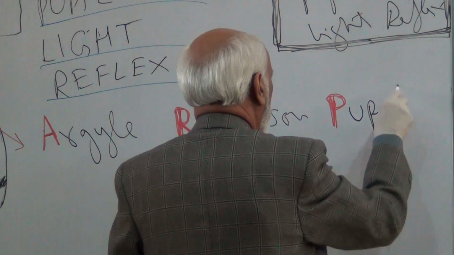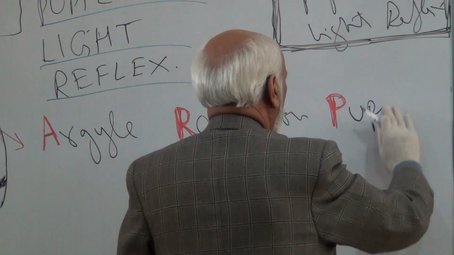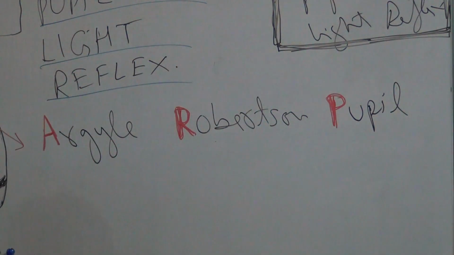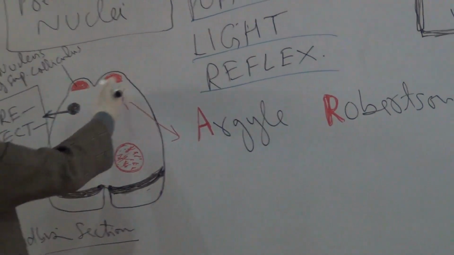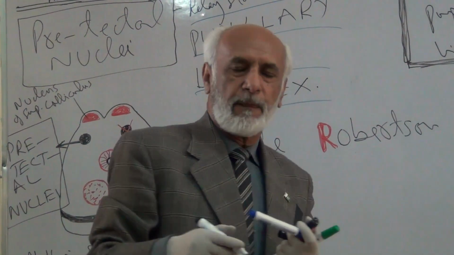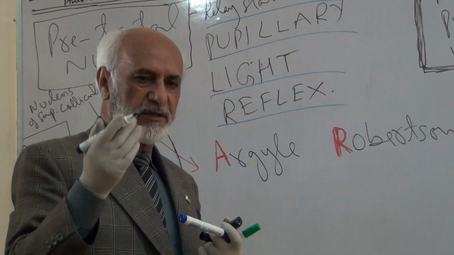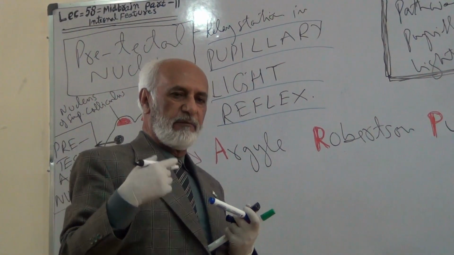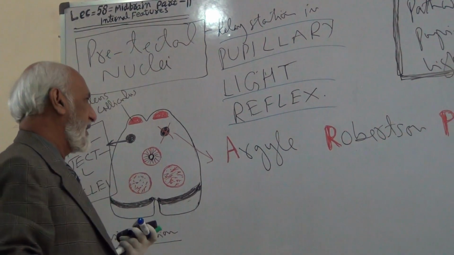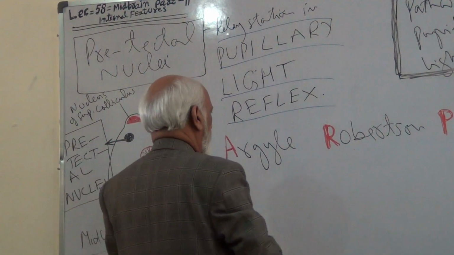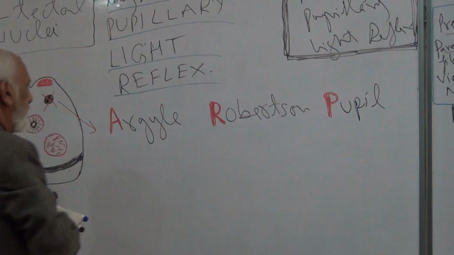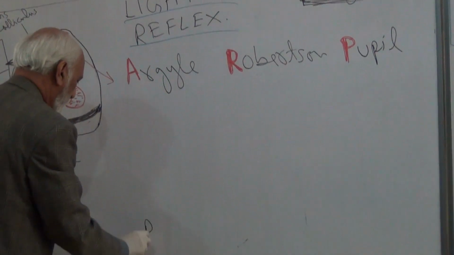When there is damage to the pretectal nuclei or its pathway anywhere, from the origin of the medial root of the optic tract to the pretectal nuclei, if there is any lesion, it will result in the Argyll-Robertson pupil.